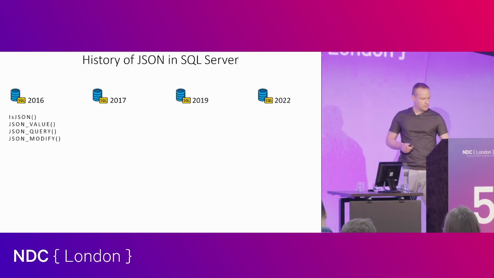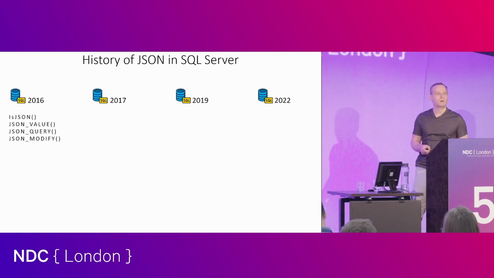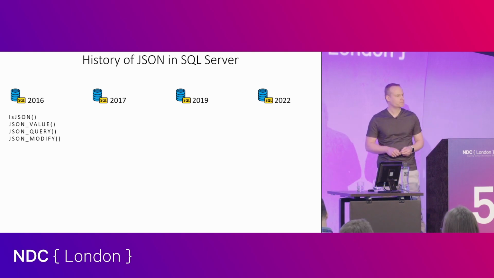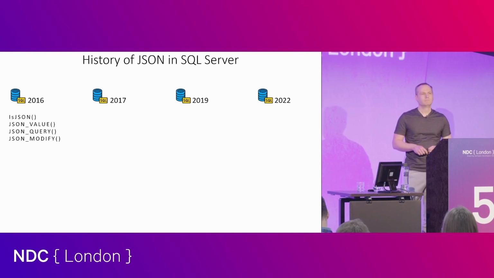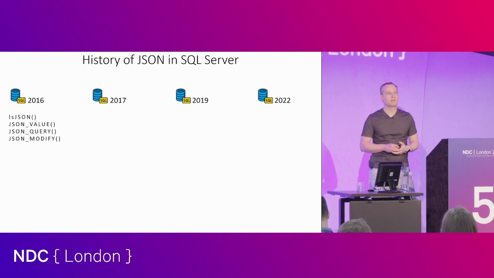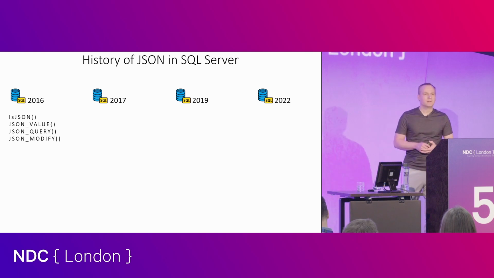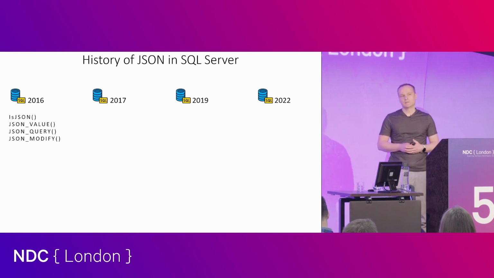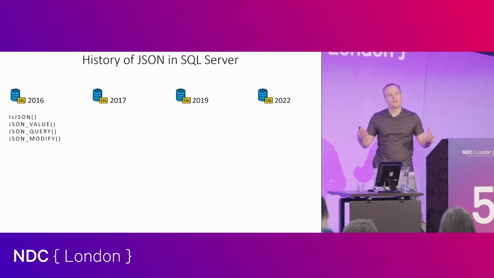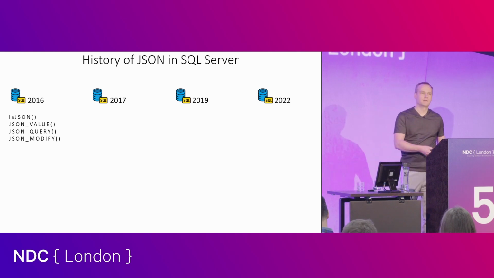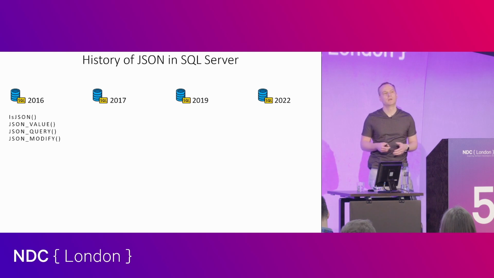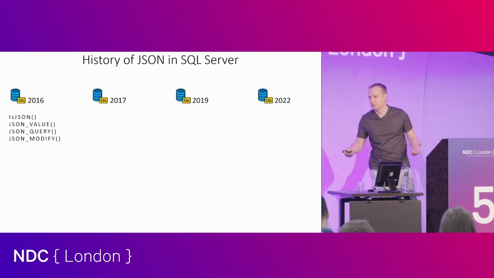So let's start with the history of JSON in SQL Server. Developers were saving JSON even before 2016, when it was introduced to SQL Server. At the end, it's a string, so you can just save it as a string. Microsoft saw that as an opportunity, and since developers were already saving JSON in SQL Server, they decided not to create a new data type for JSON.